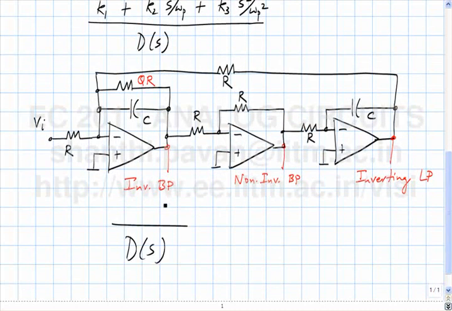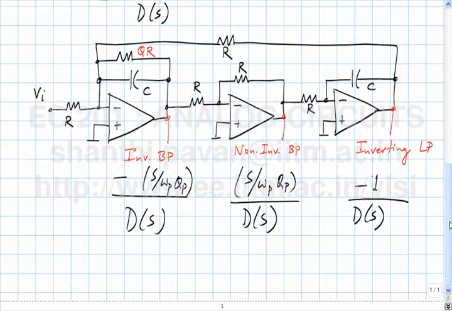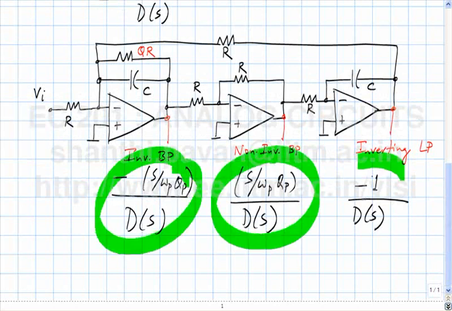What is the numerator here? Minus S by omega P times, actually there is omega P QP. The non-inverting band pass is of the form S by omega P QP by D of S. And what about this step? This is a constant, in this case happens to be minus 1 by D of S. You have these three guys with you.